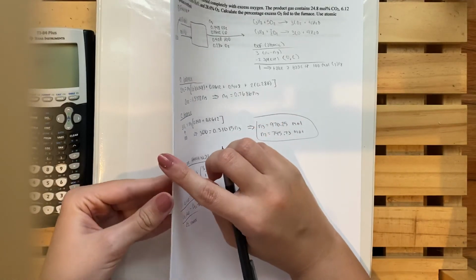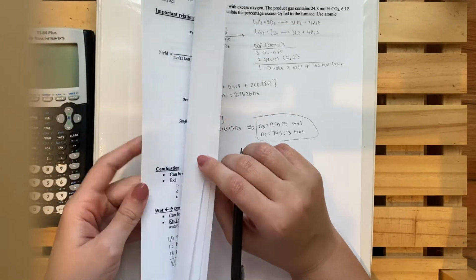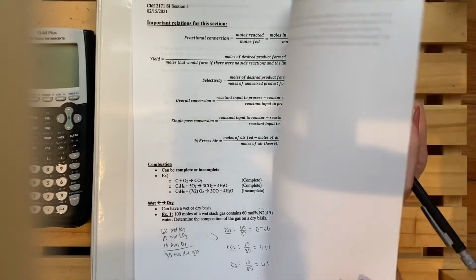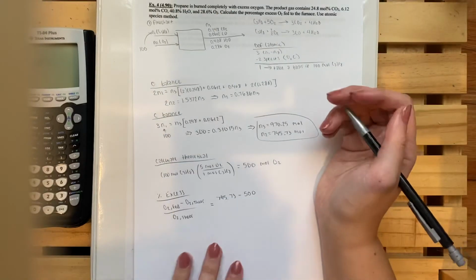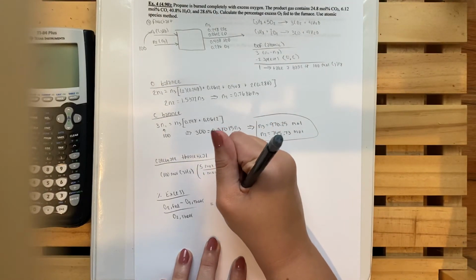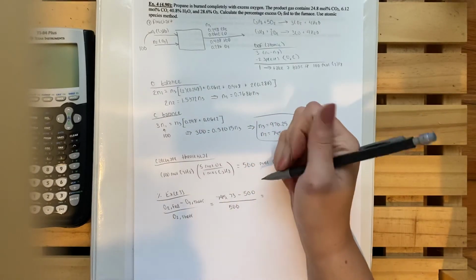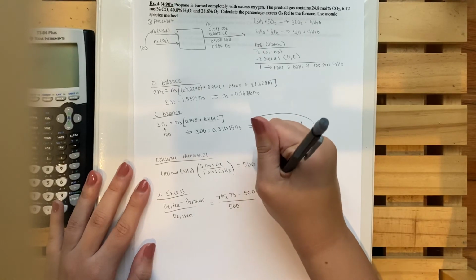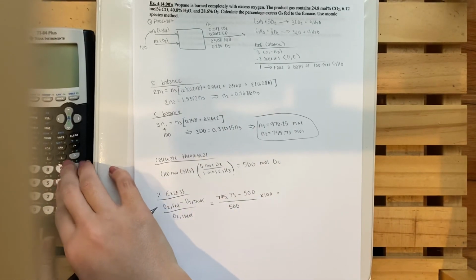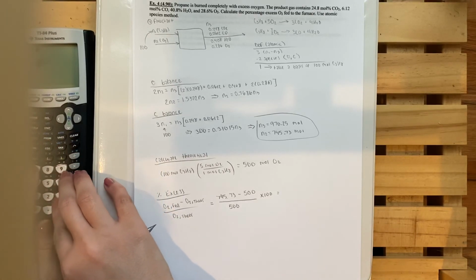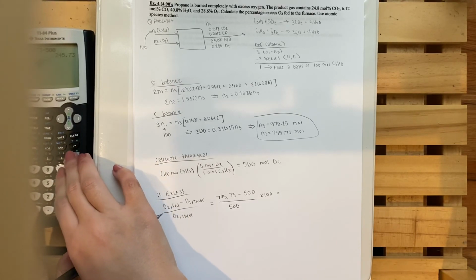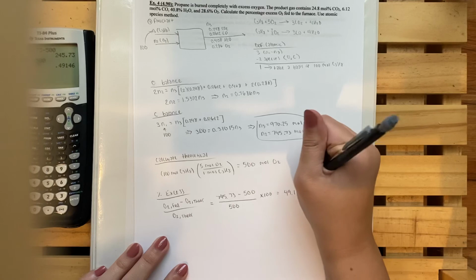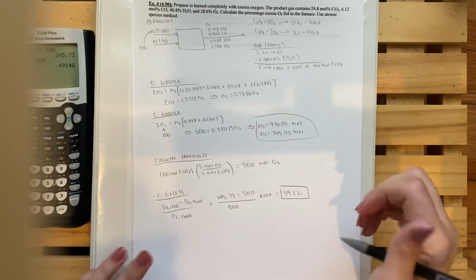Actually, let me check my formula on this. Yeah, theoretical over 500 times 100. So that is going to end up being 49.1% excess.